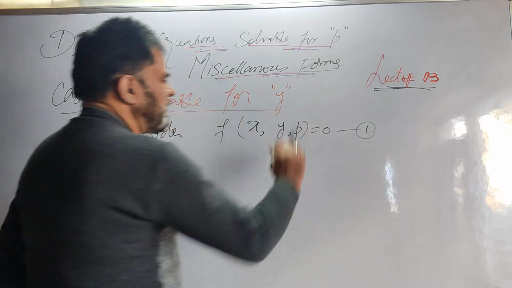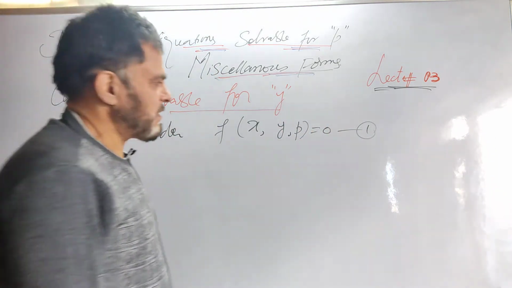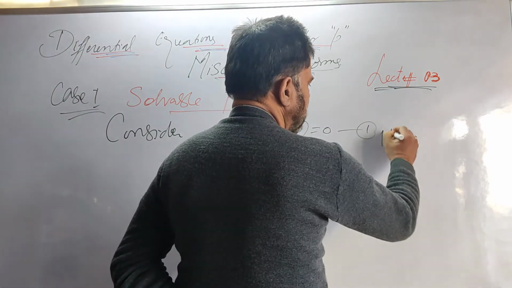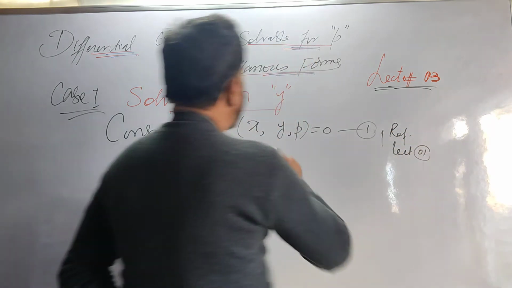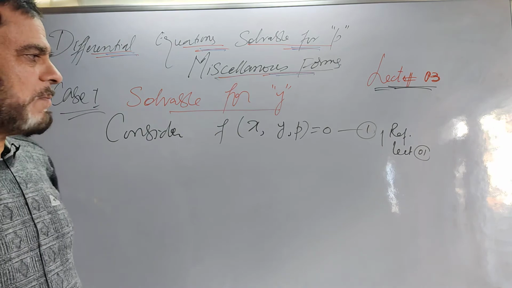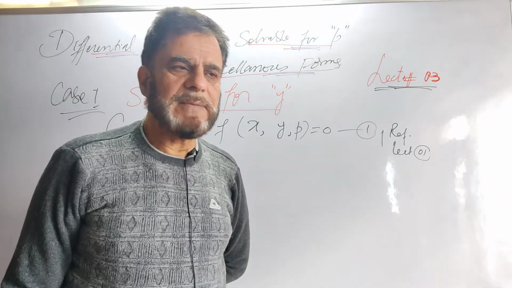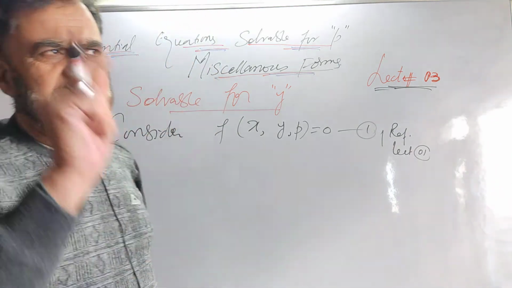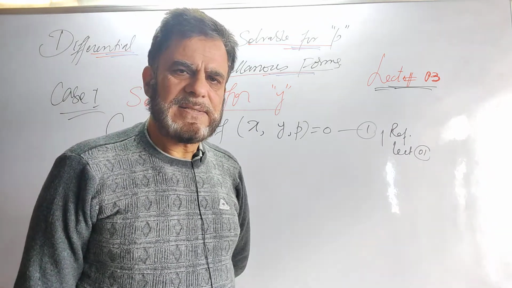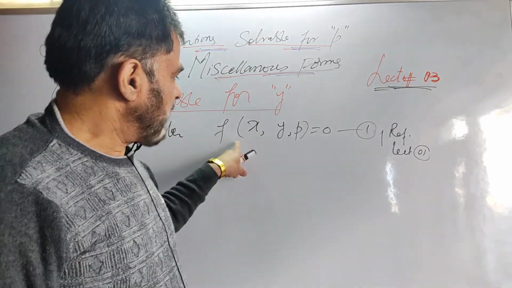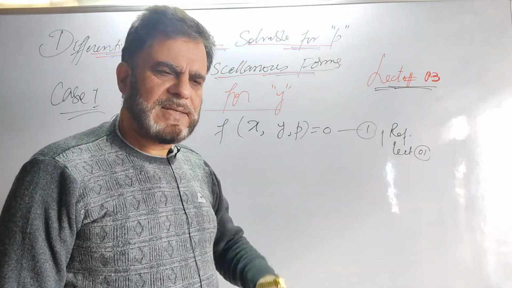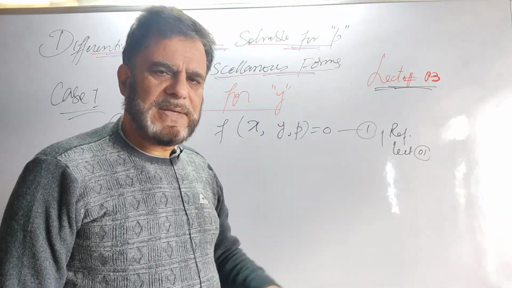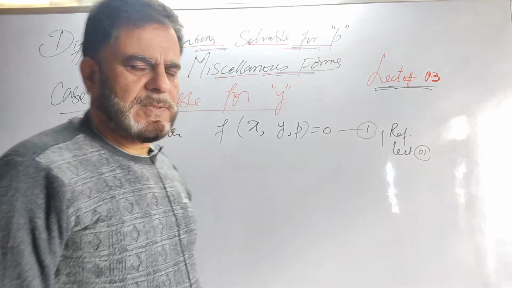You know now which equation this is. You can refer to lecture number 1 for your reference, where the equation is solvable for P, with dy by dx equal to P. That equation you can name equation 1, f of x y p equal to 0, because it only involves x, y variables and P.